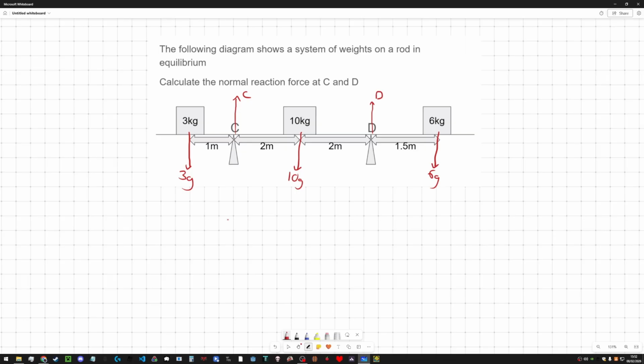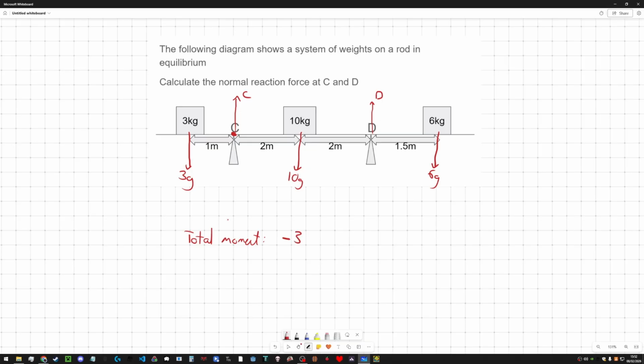Alright, since the system is in equilibrium, the moment about any pivot will be 0. So it's useful to choose our pivot as C, because then we don't have to consider what the force at C is. Right. So total moment. We'll start with the moment from this one. This is an anti-clockwise moment, and it's going to be equal to 3g, which is the force, times 1 meter, which is the distance.